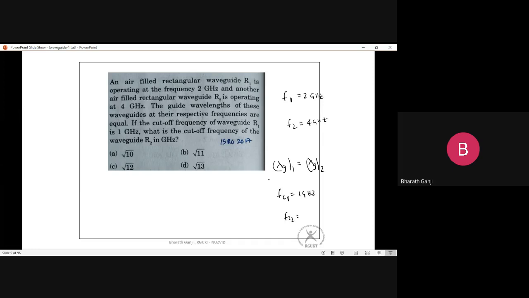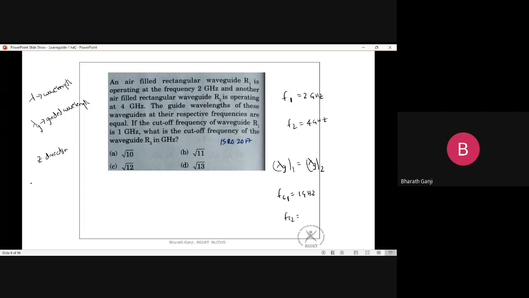First of all, what do you mean by guided wavelength? We know that lambda is nothing but wavelength. In the waveguide, as I told you, you can think of it as a wave bouncing off, or you can think of a non-uniform plane wave traveling in the z direction.